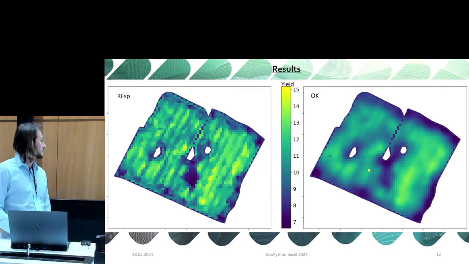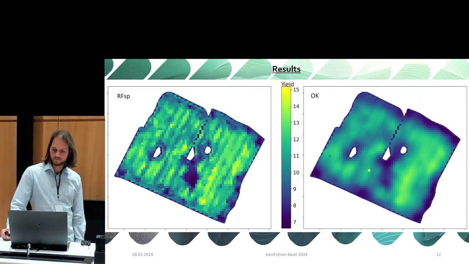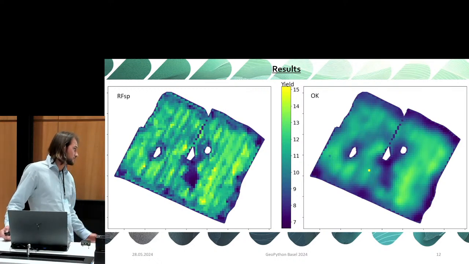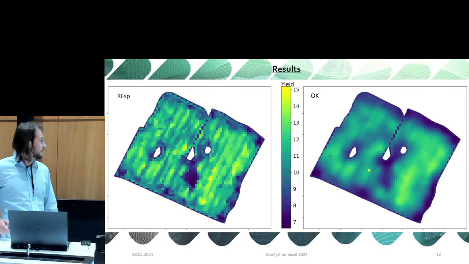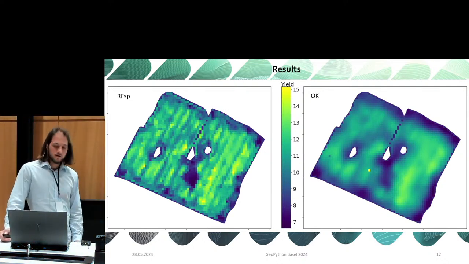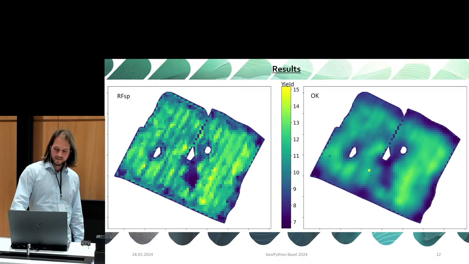But what we found interesting was that we see some structures here, like lines. And the question then was, are these some kind of artifacts which were just produced by the random forest spatial, because you never know? Or are these actually something you see in the data or in reality?